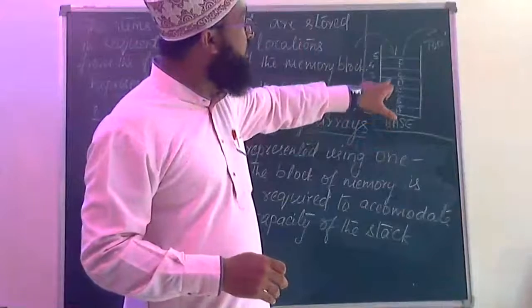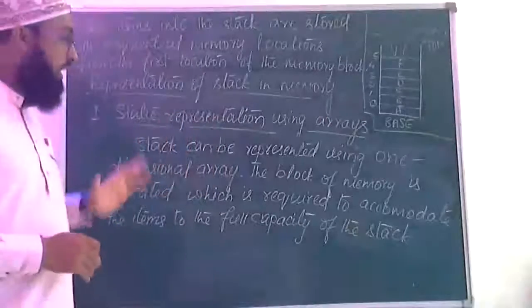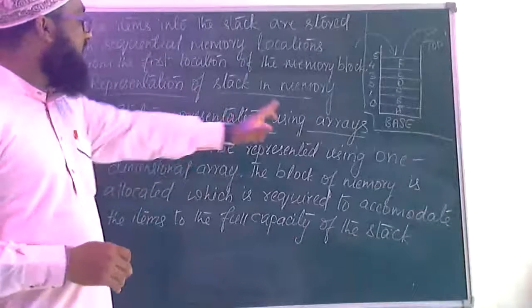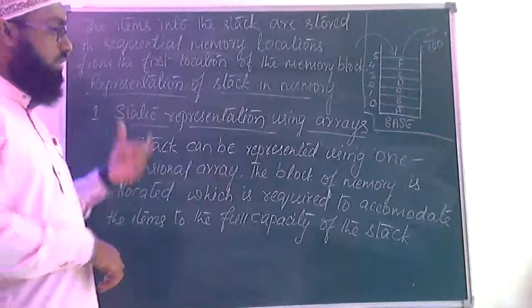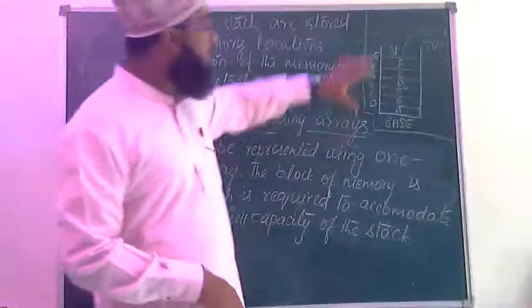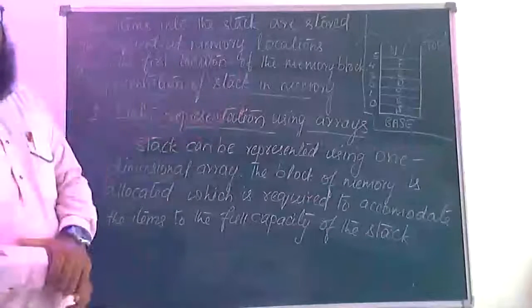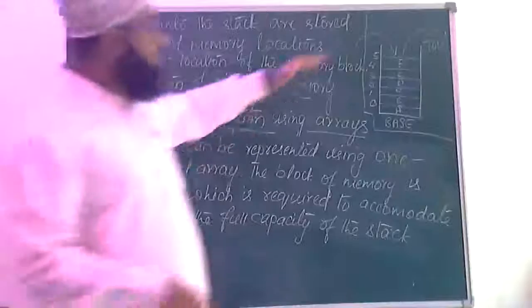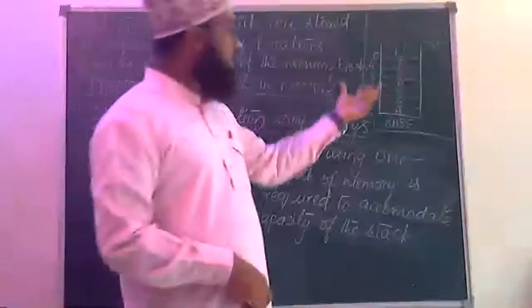From here itself we have to fill the stack completely using static representation using arrays. Static representation using arrays states that a stack can be represented in a one-dimensional array.